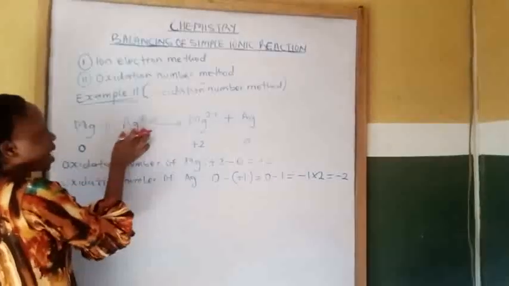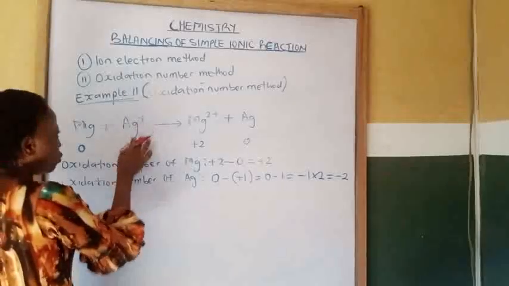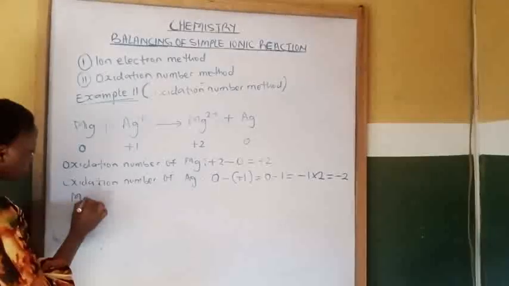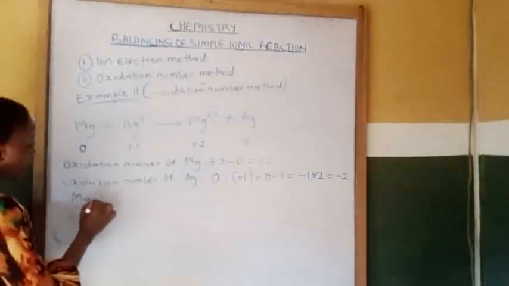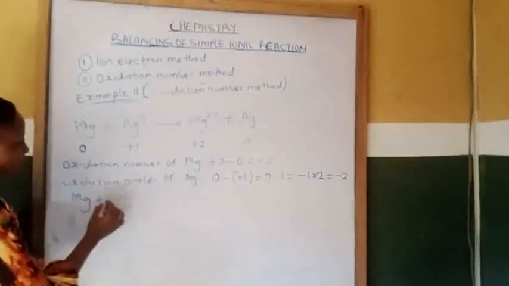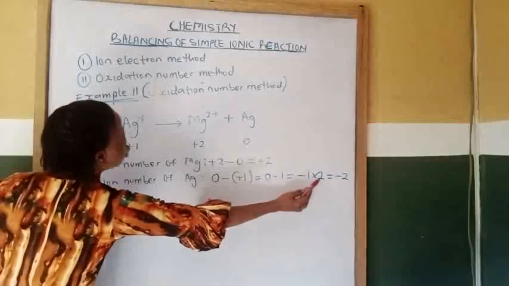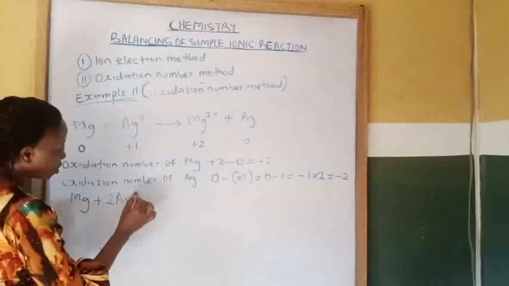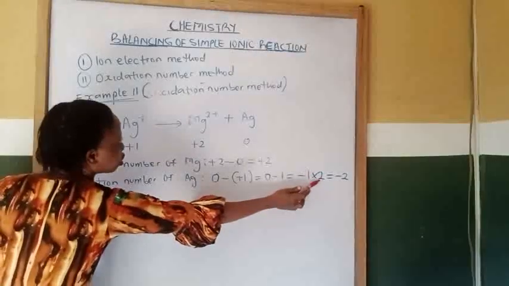So I must multiply my silver here from this equation by 2. So my equation will now be Mg plus, you multiply 2 by Ag to give me 2 Ag plus, because I've multiplied the number of electron by 2.